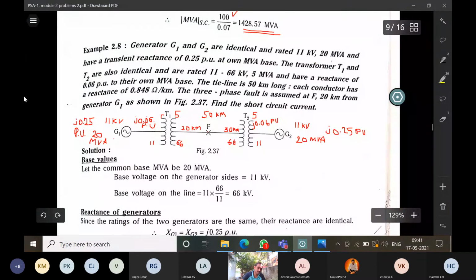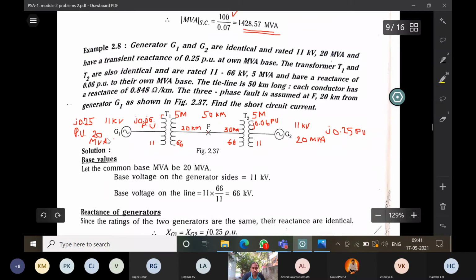First, the common base. So what is the common base here? For the transformer, base MVA is 5. For the generator it is 20.